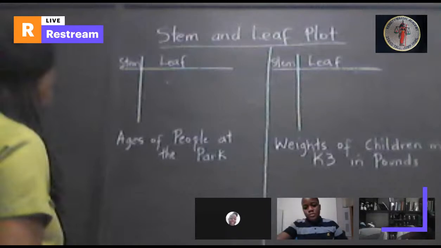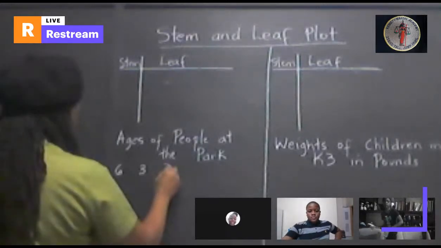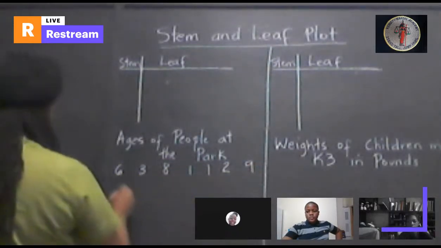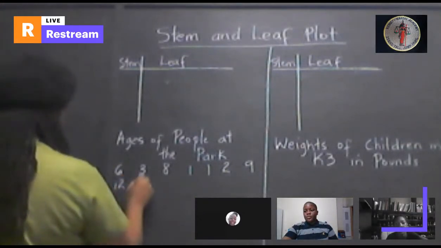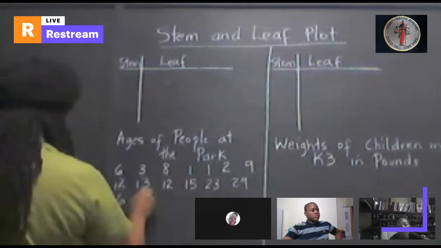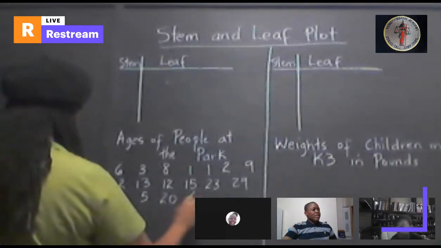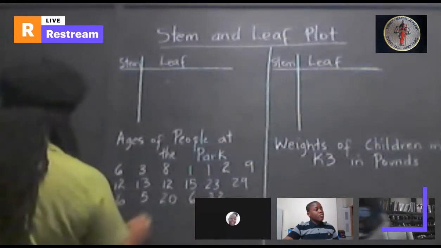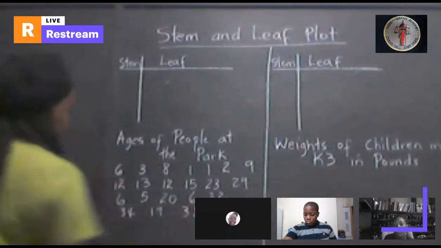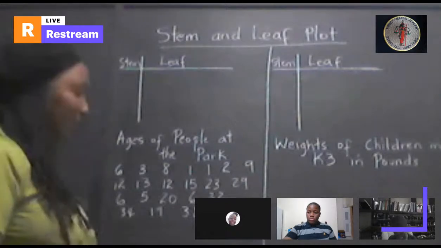So it's 6, 3, 8, 1, 1, 2, 9, 12, 13. All right, so 1, 2, 3, 4, 5, 6, 7, 8, 9, 10, 11, 12, 13, 14, 15, 16, 17, 21 numbers.